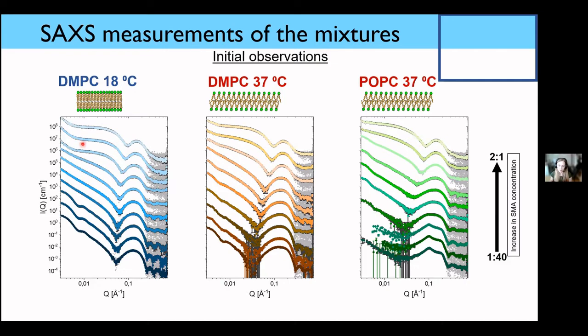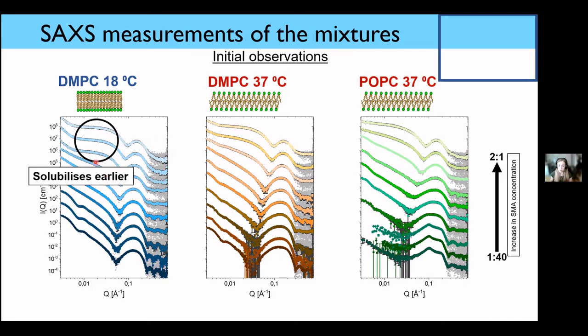The first thing that we can notice is that most of them seem to start to flatten out at the highest concentration, which is indicative of them being solubilized into these smaller structures, right? But interestingly, the DMPC at 18 degrees, so below the phase transition, seems to flatten out earlier, or at lower SMA concentrations, compared to DMPC at 37 and also compared to POPC.